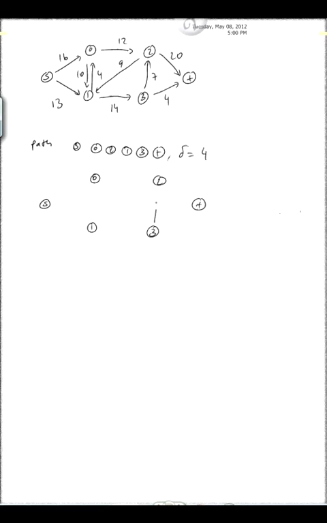So for example, this edge from 3 to 2, we didn't touch it, so it's going to stay there as 7. This edge from 2 to T, we didn't touch it, so it's going to stay there as 20. This edge from S to 1, we didn't touch that one, so it's going to stay there as 13. And then this edge from 0 to 2, we didn't touch that either, so it's going to stay there as 12.